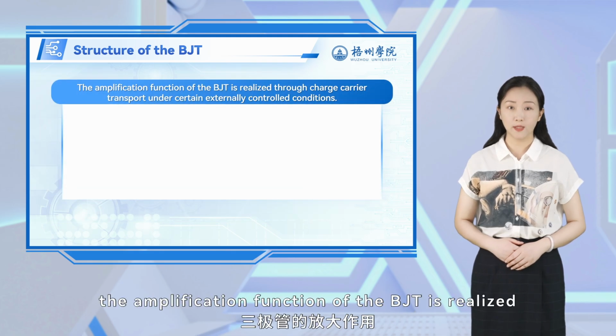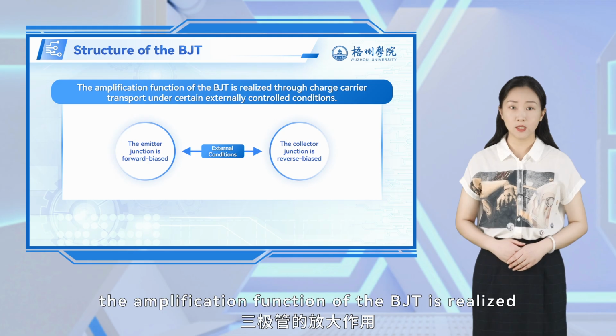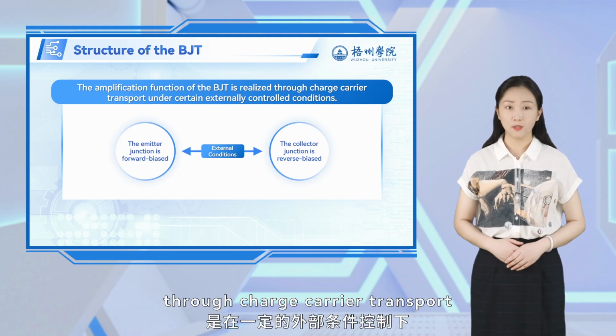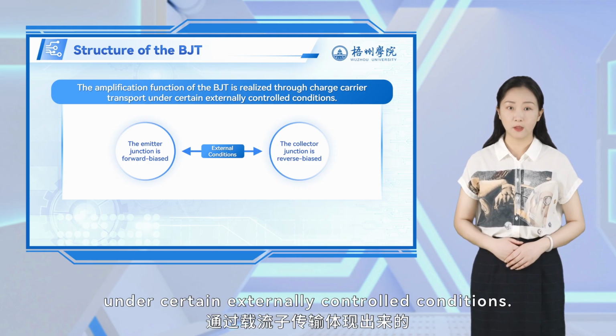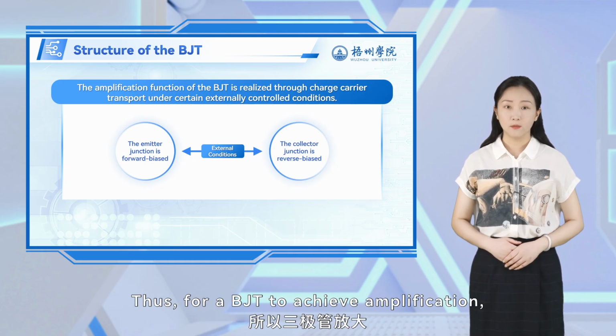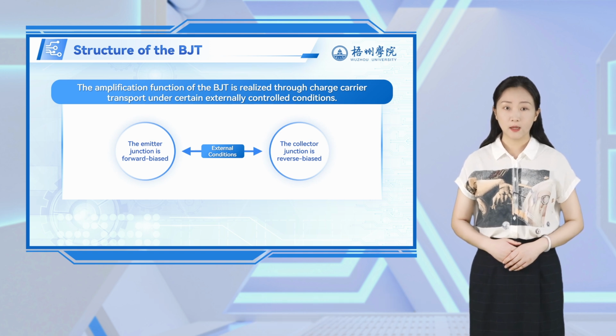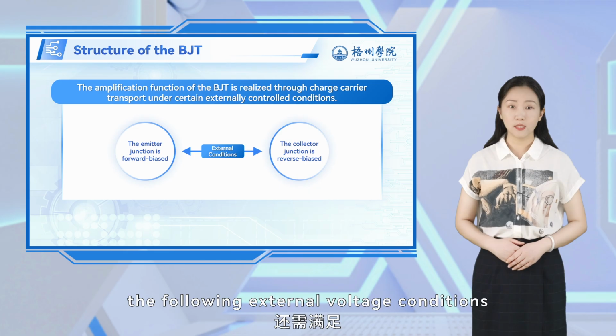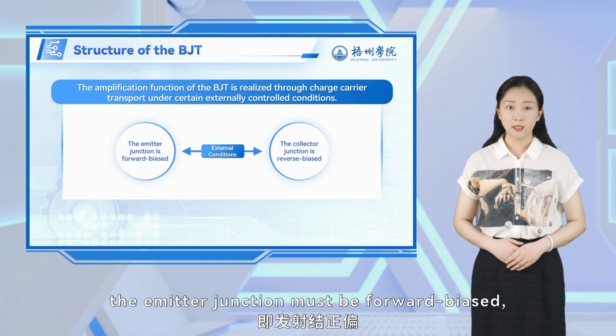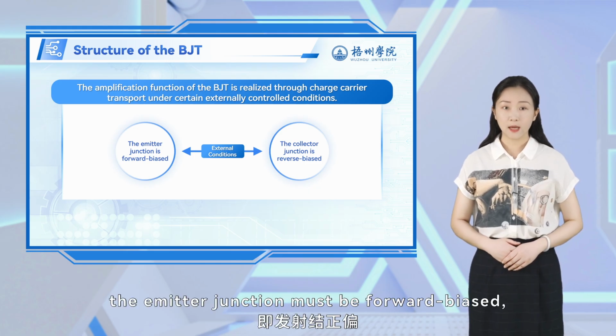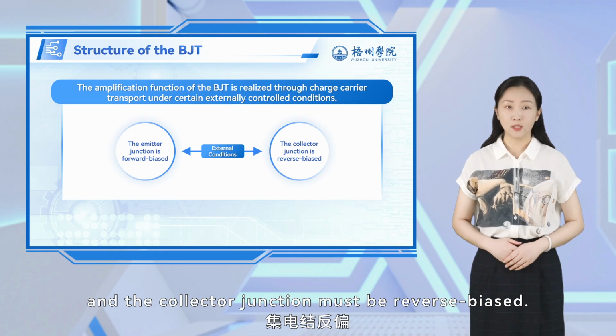Furthermore, the amplification function of the bipolar junction transistor is realized through charge carrier transport under certain externally controlled conditions. Thus, for a bipolar junction transistor to achieve amplification, the following external voltage conditions must be met. The emitter junction must be forward biased, and the collector junction must be reverse biased.